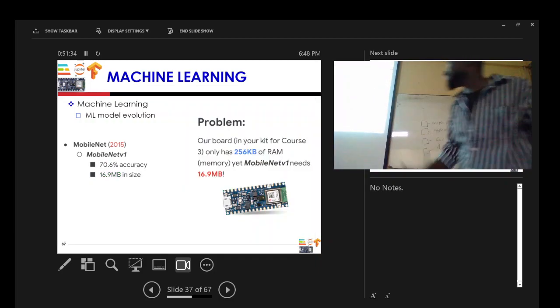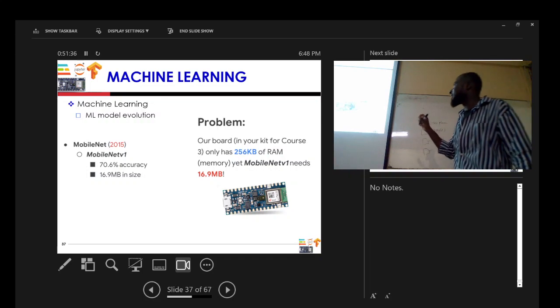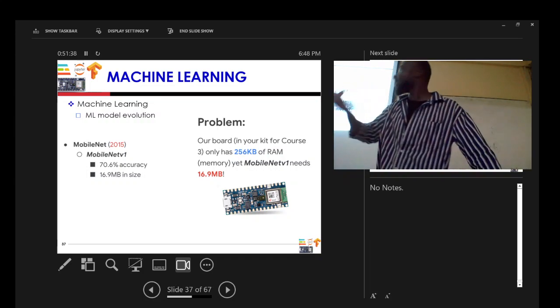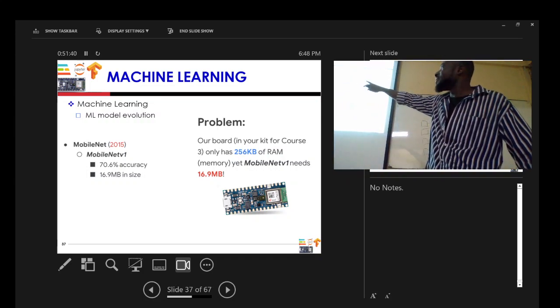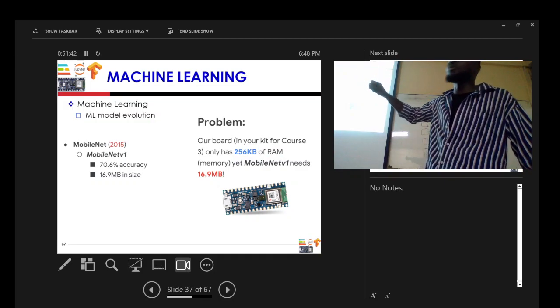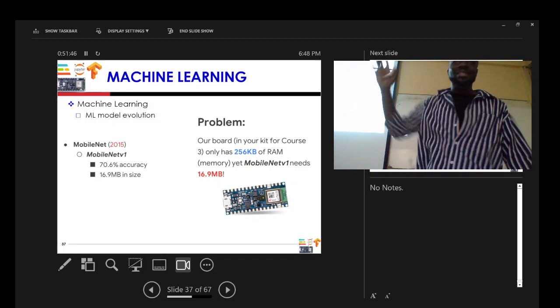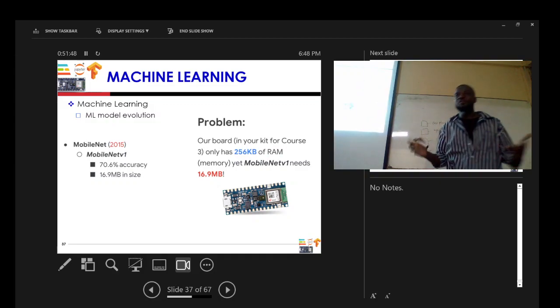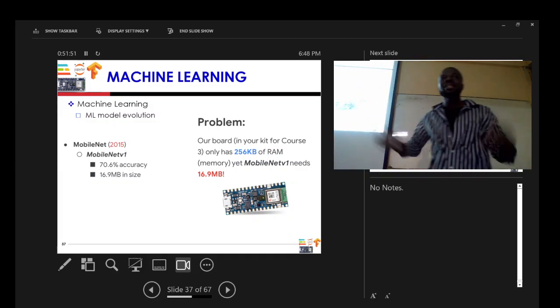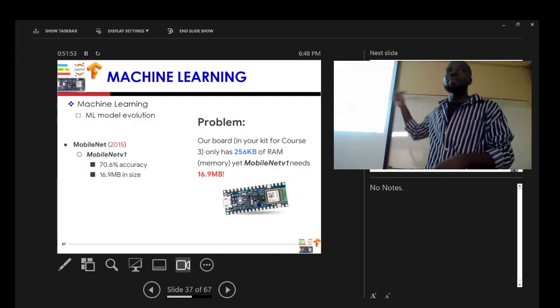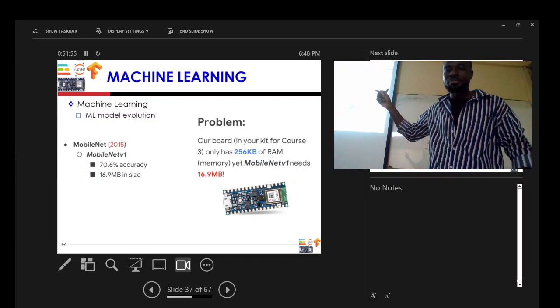That's no issue. But now we still have an issue here. How do we run this MobileNet V1, which has 60 megabytes, on our device that has only 1 megabyte? You see that still we have an issue. So we need to go further and develop algorithms that use less than 1 megabyte of memory.